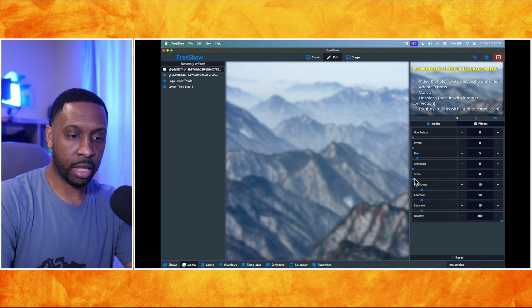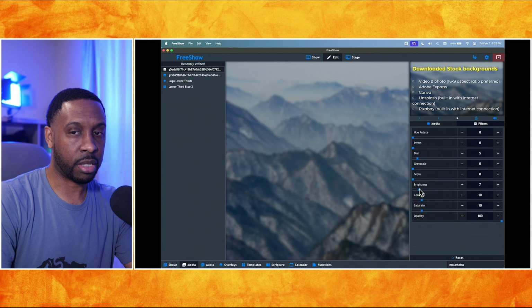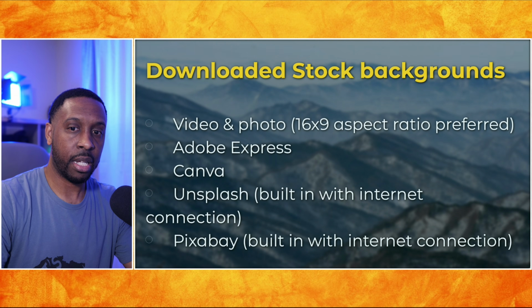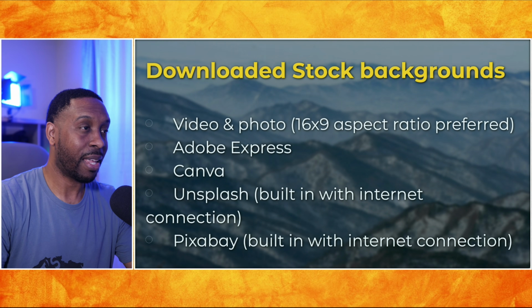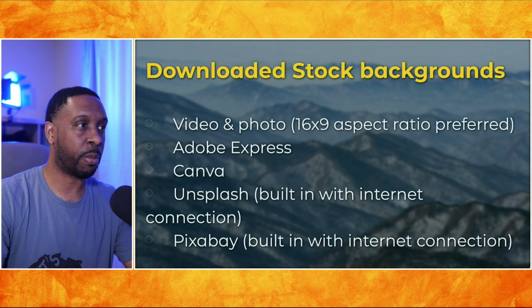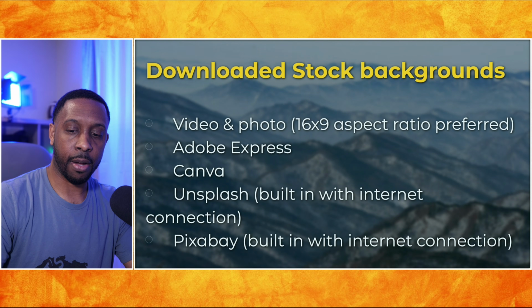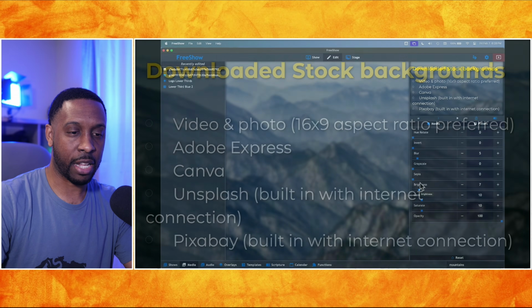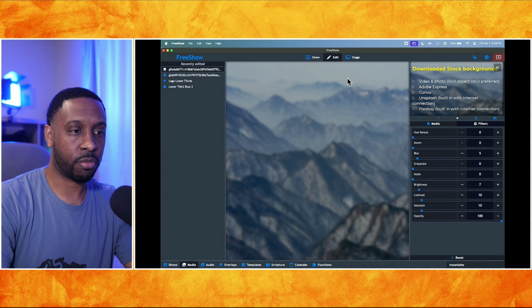We can, let's see here, brightness. We can turn the brightness down and you can see the mountains a little bit better, and the words pop quite a bit better. If you notice here, this is what we're looking like full screen. I really like that look, and you can tell that there are mountains back there, especially from a distance, but we blurred it out and we darkened it up a bit. All right. And that's from Pixabay. So now we can have that one.